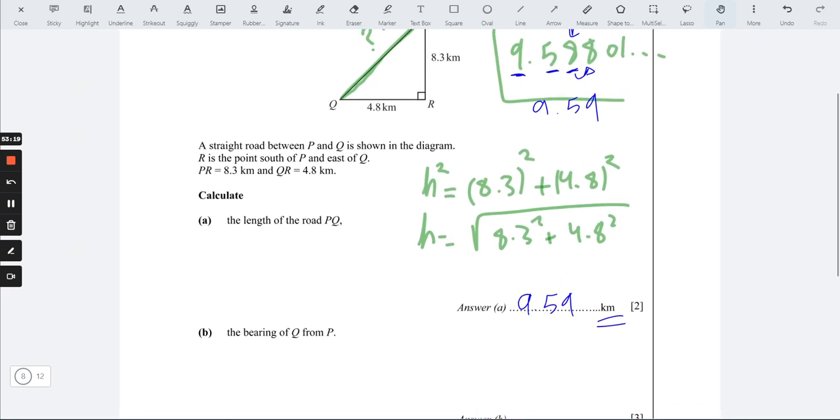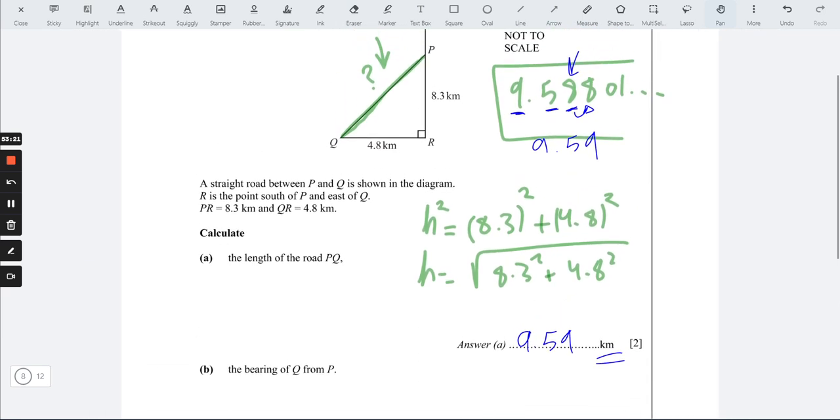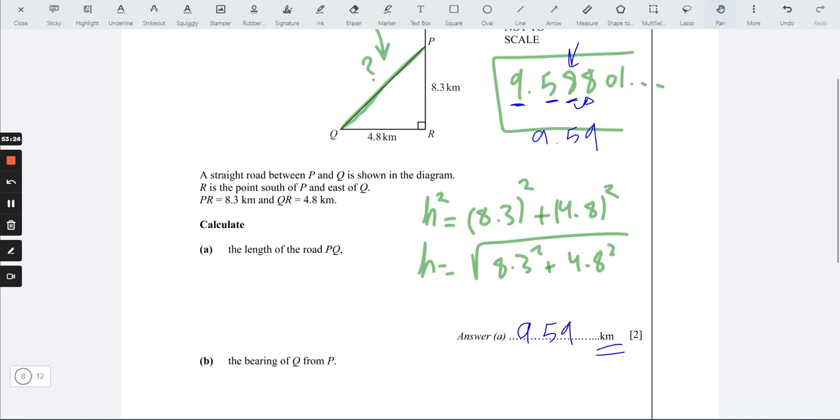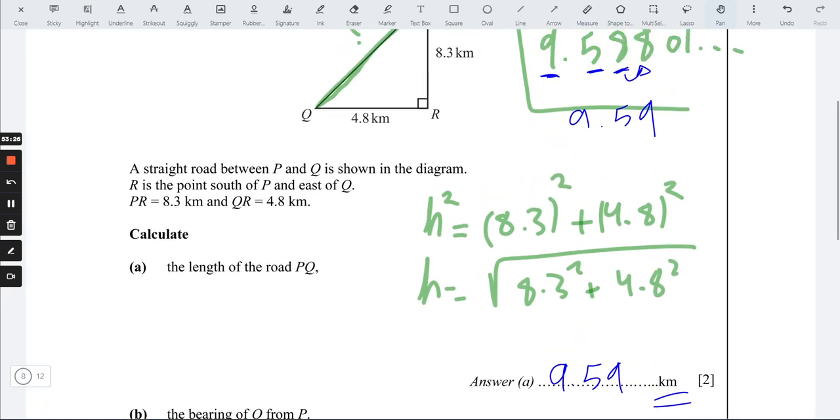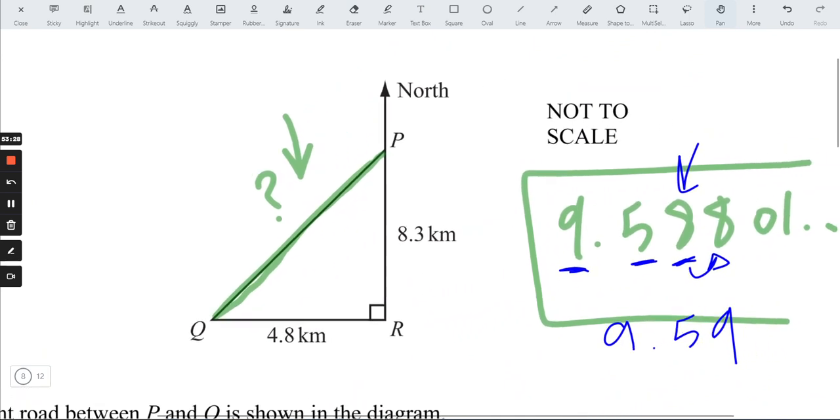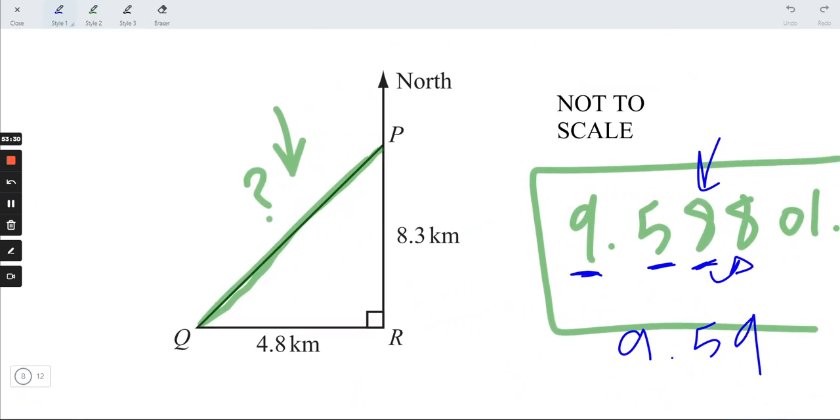Now look, the bearing of Q from P. The bearing of Q from P is like this. Bearing is always measured from north. This is the north here, and this is also the north here.